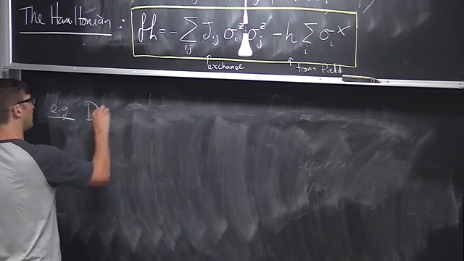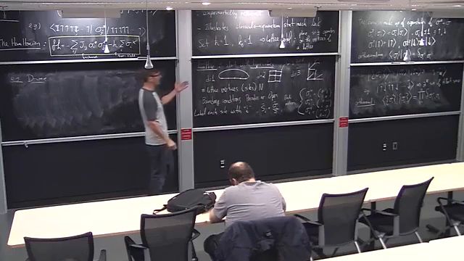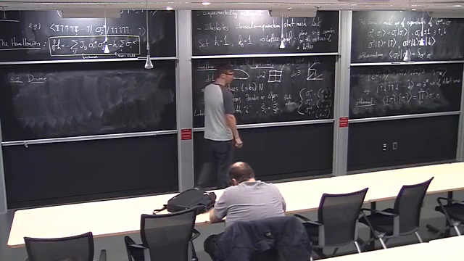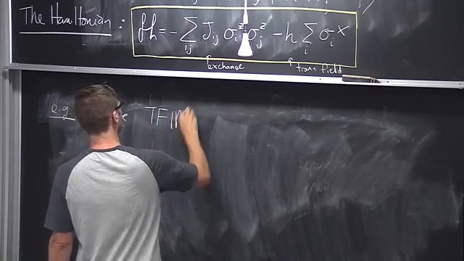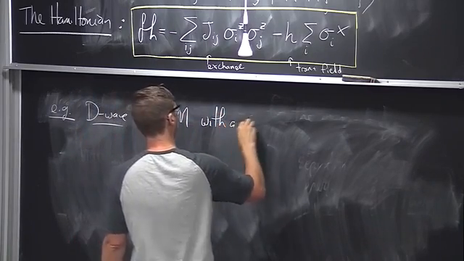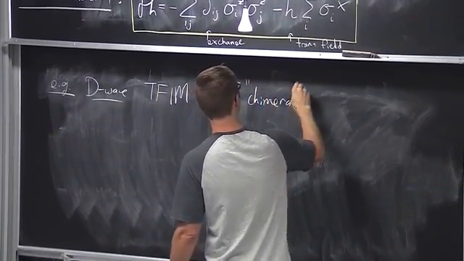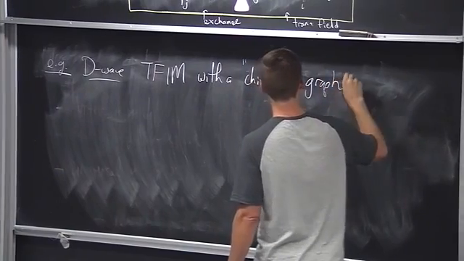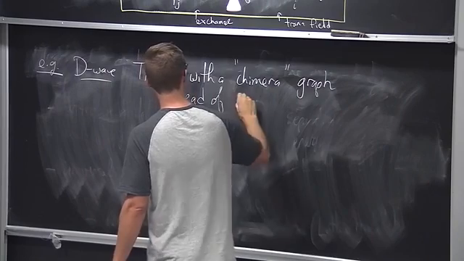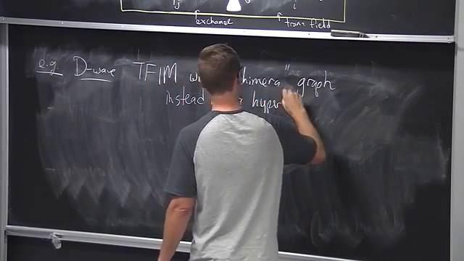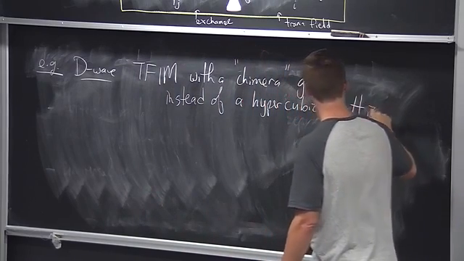So what happens in D-Wave is instead of having a hypercubic lattice, which is what I want to deal with, you have something they call a chimera graph. So it's a transverse field Ising model with a chimera graph instead of a hypercubic lattice.